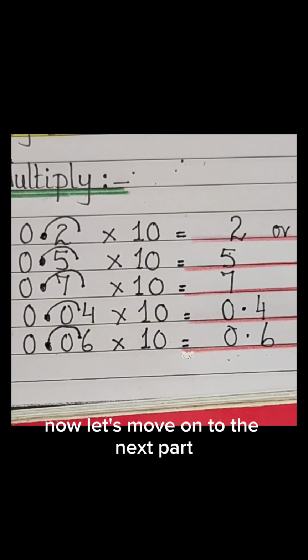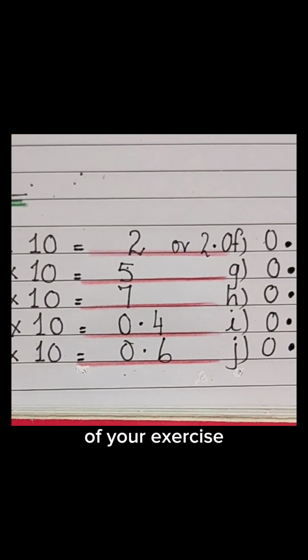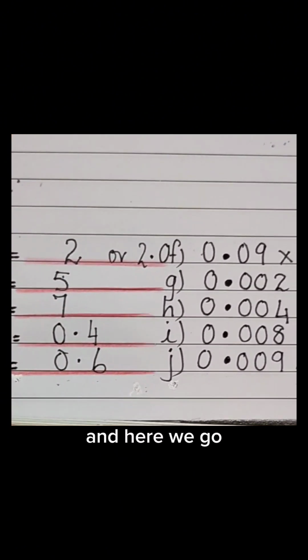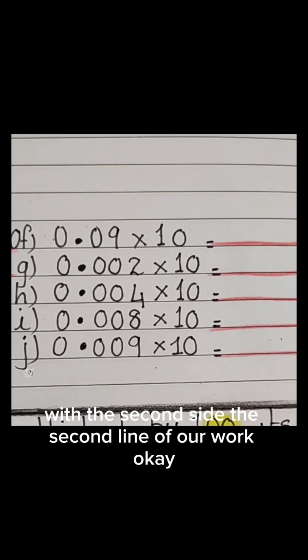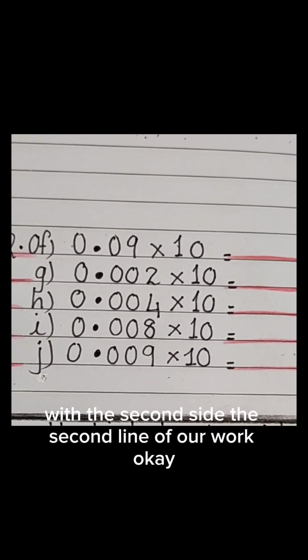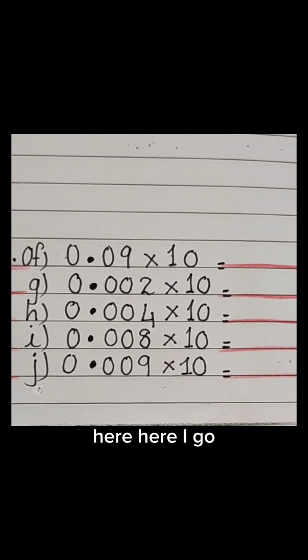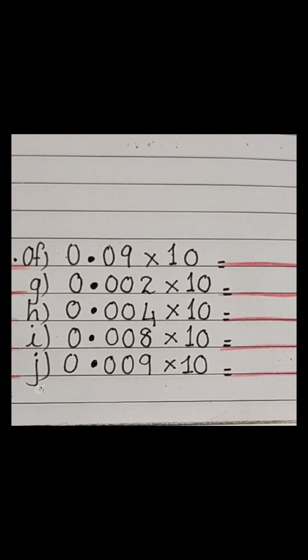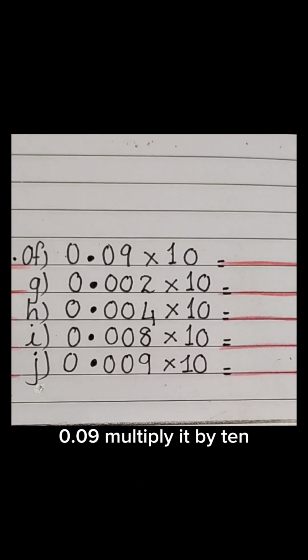Now, let's move on to the next part of your exercise. And here we go with the second line of our work. Okay? Let me fix my camera here. And here I go. 0.09 multiply it by 10.